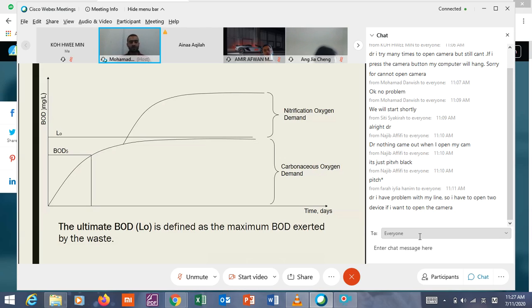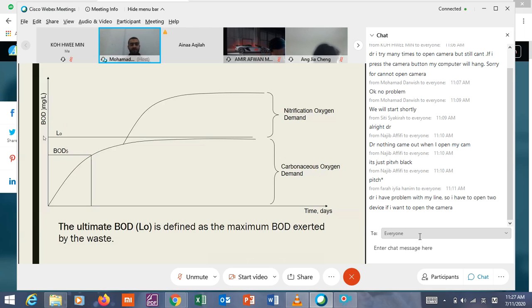determined or achieved. Why? Because before achieving the maximum carbonaceous BOD, another type of bacteria will start acting and will also start consuming the dissolved oxygen, and that will cause a mix between carbonaceous and nitrogenous demand. So that's why it's not that easy to measure it in the lab. Normally when we analyze BOD, we depend only on BOD5.